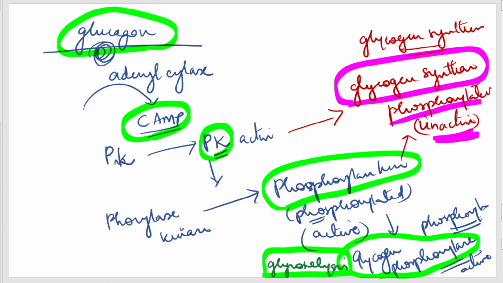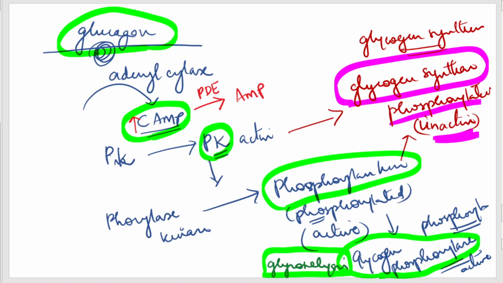Now how is this cyclic AMP regulated? Increased levels of cyclic AMP bring about all this phosphorylation and activation of glycogenolysis. Now if I want to decrease the levels of cyclic AMP, how can I do it? By an enzyme called phosphodiesterase, which metabolizes cyclic AMP to AMP.